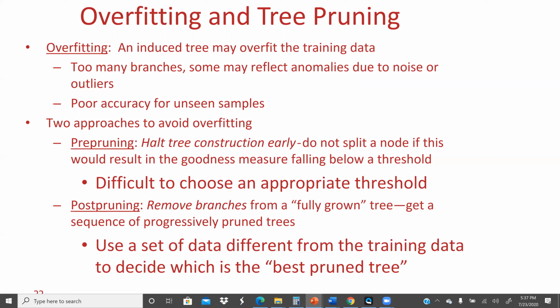So the two approaches to avoid overfitting are pre-pruning, which halts the construction early: do not split a node if this would cause the goodness measure to fall below a threshold. This is difficult because it is hard to choose an appropriate threshold. Then post-pruning means removing branches from a fully grown tree. You get a sequence of progressively pruned trees.